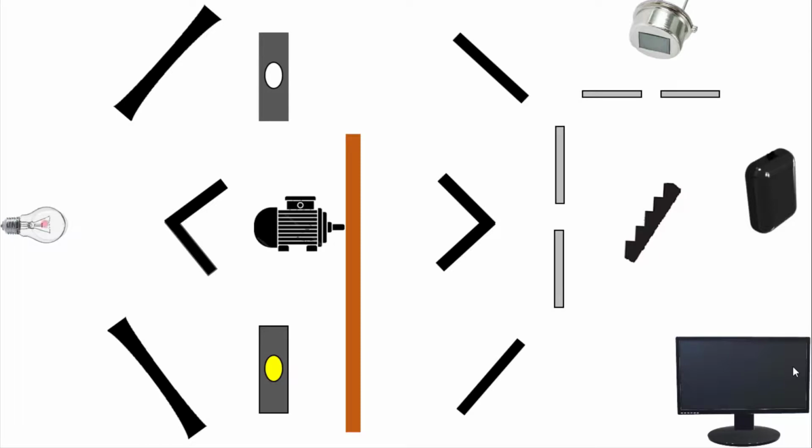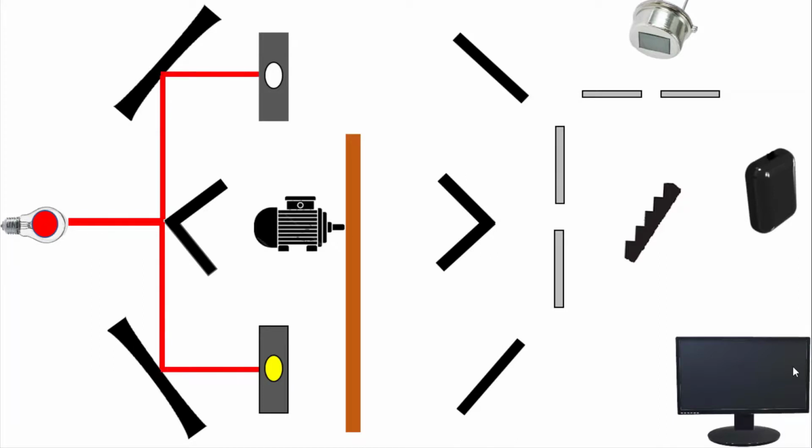Radiation comes from the IR source, and with the help of a mirror it gets divided into two equal halves. One will pass through the reference, the other through the sample. The reference compound is there, for example a KBr pellet.